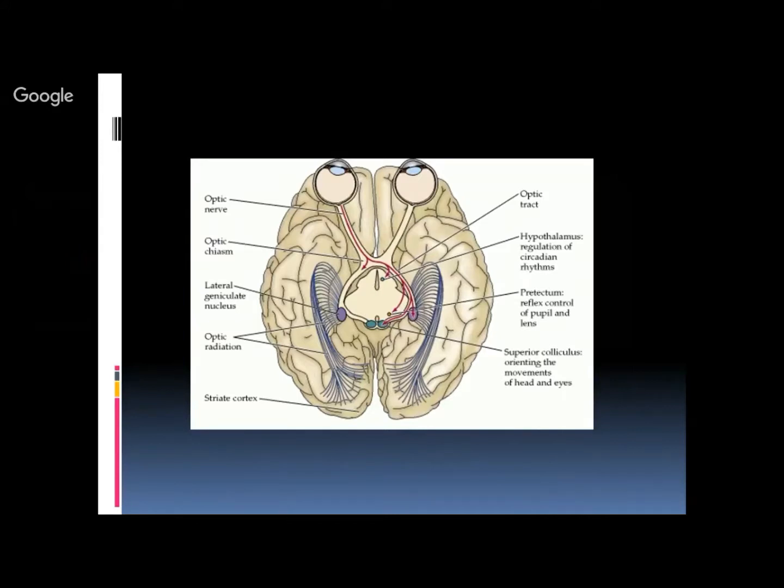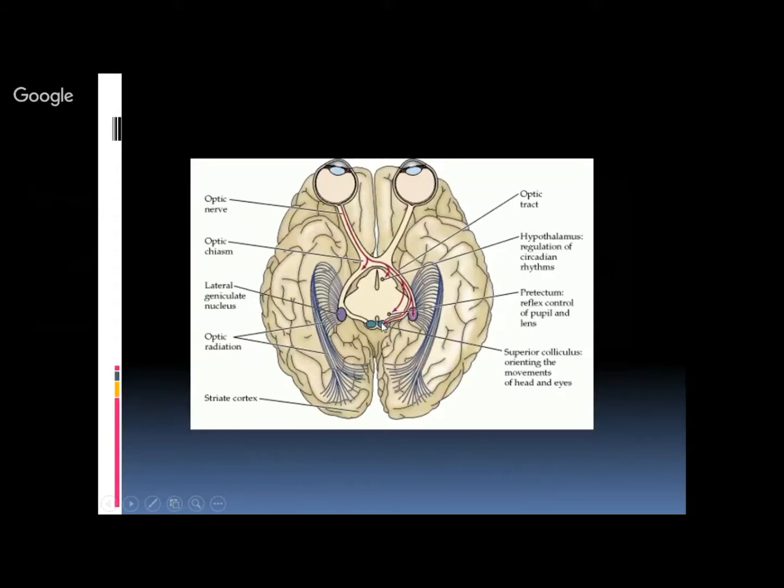This is a diagrammatic representation of what I just tried to describe. This being, I guess, the right eye, and you can see the projections from the lateral retina going out the back. And this is the pretectum right here.